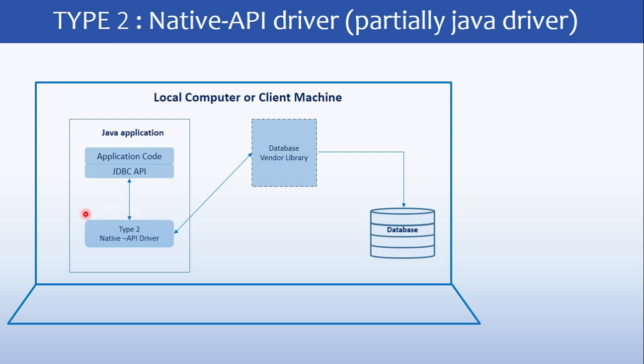So these are also platform dependent. That's why type 2 driver is also platform dependent, not independent. Even these database vendor libraries are vendor specific, meaning whichever type of database you are using, you have to have that type of database vendor libraries. Otherwise the communication is impossible, or communication cannot take place.